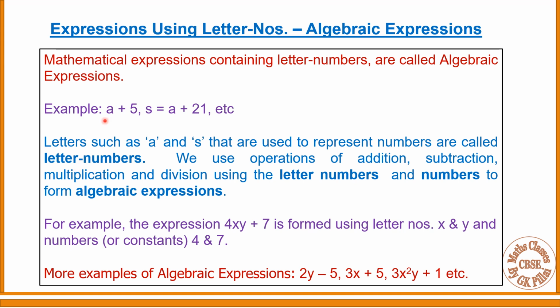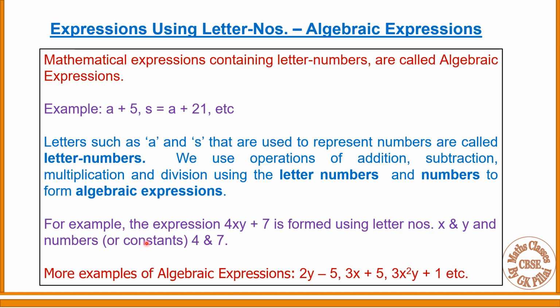Actually, these letter numbers represent numbers only. We use operations of addition, subtraction, multiplication and division on these letter numbers and also numbers to form algebraic expressions. You will understand this here.